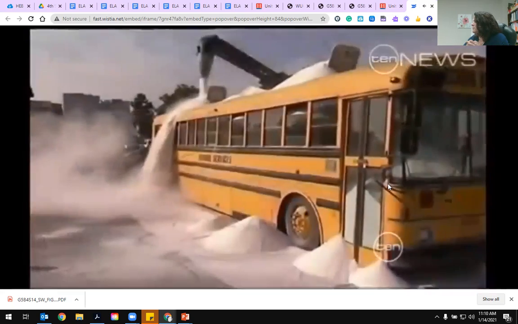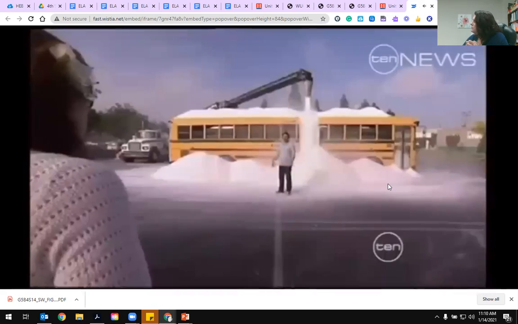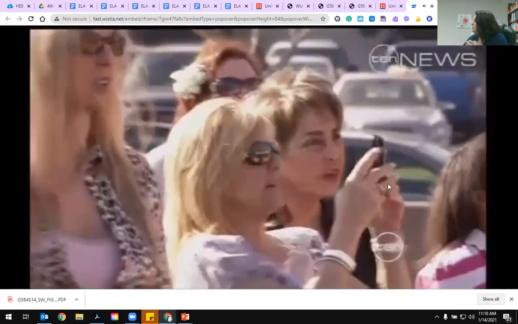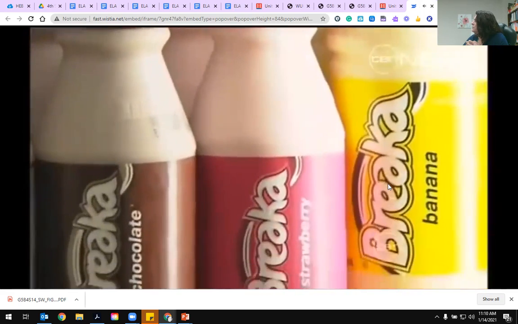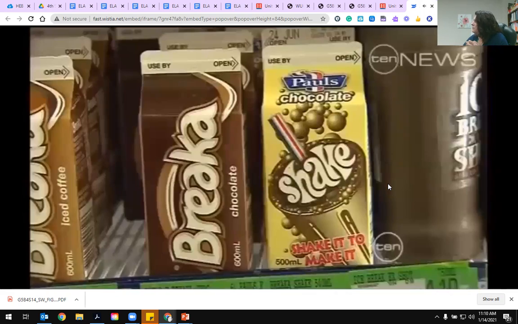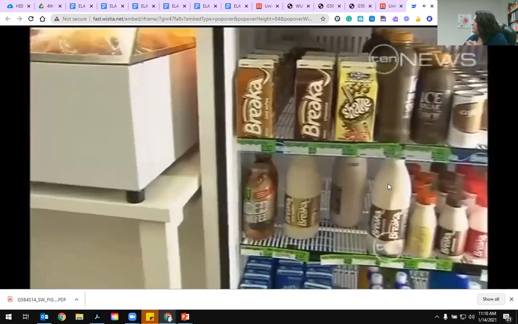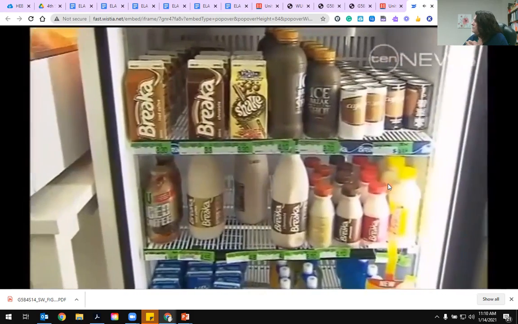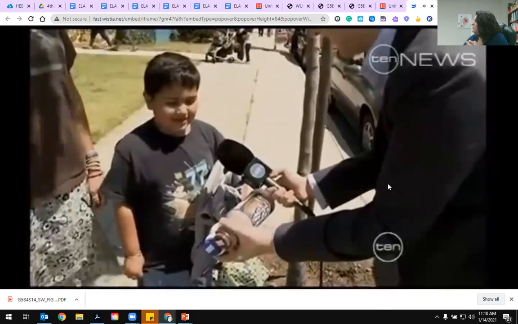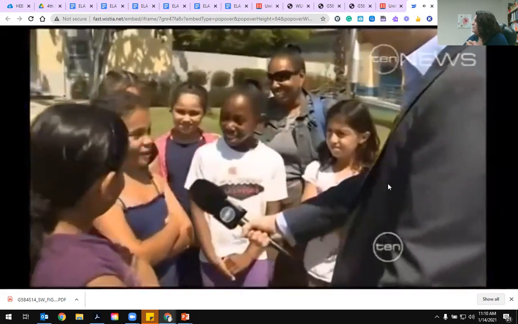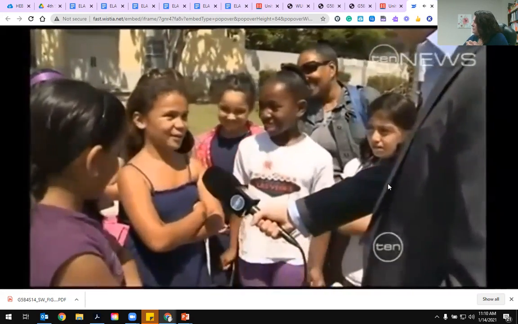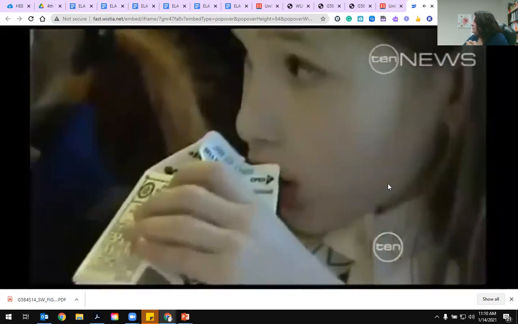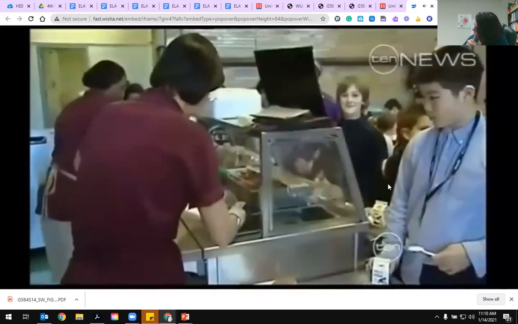It's an over-the-top display for an out-of-control problem. Oh my God! One small carton of flavoured milk contains almost 30 grams of sugar. That's more sugar than in a can of soft drink. I really like the chocolate milk. The only time I get chocolate milk is when I go to school. According to celebrity chef Jamie Oliver, that's the problem.